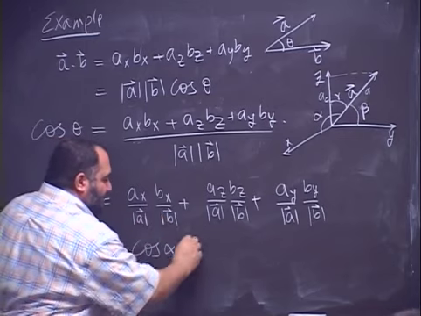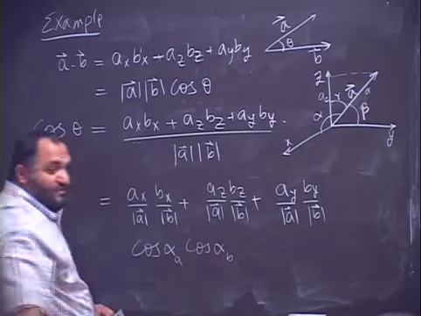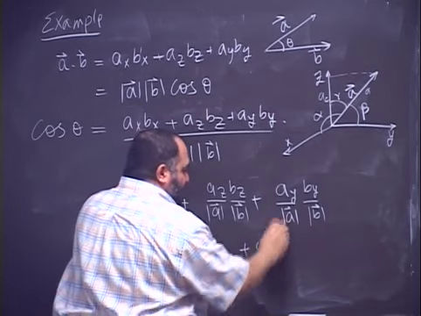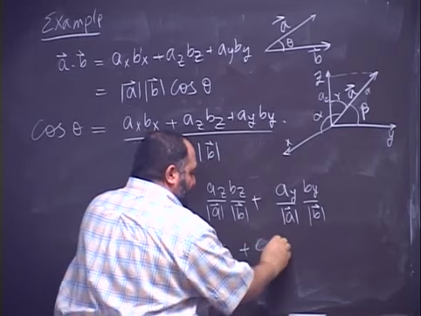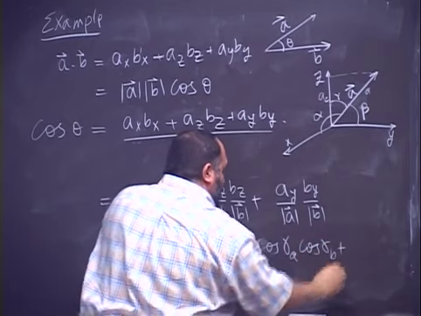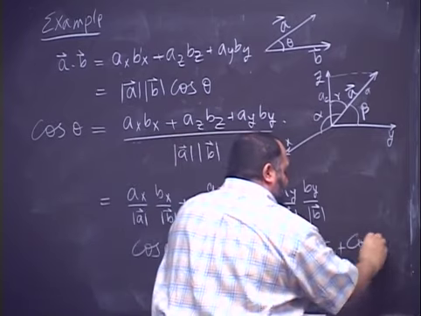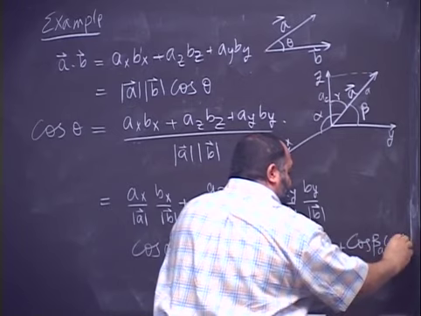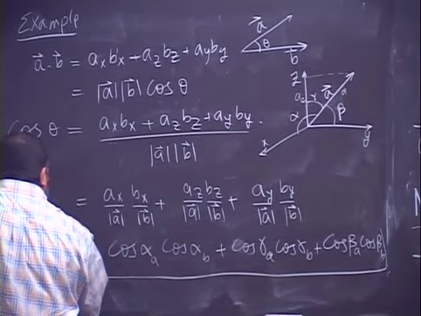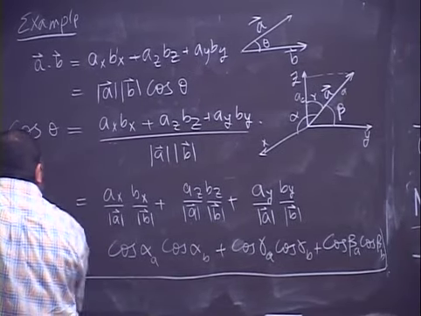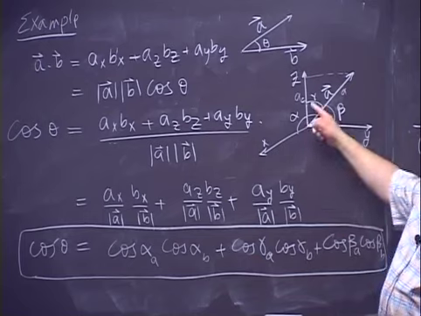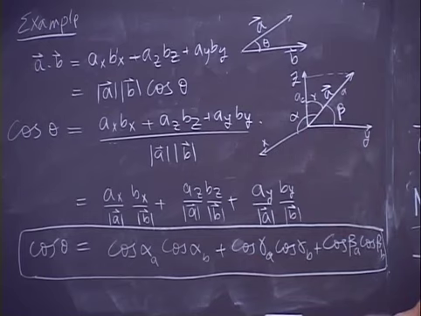And this is cosine alpha for the vector B. And this one I will call cosine gamma for vector A multiplied by cosine gamma for vector B, plus cosine beta for vector A multiplied by cosine beta for vector B. And this is a very useful relation that correlates the angle theta between the two vectors with respect to the angles of the coordinate system.